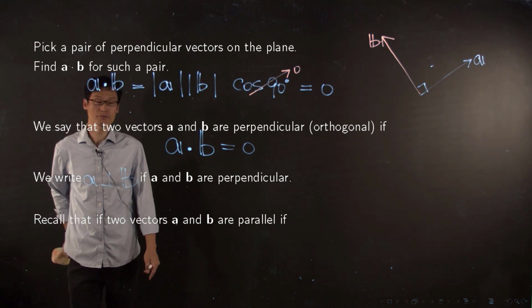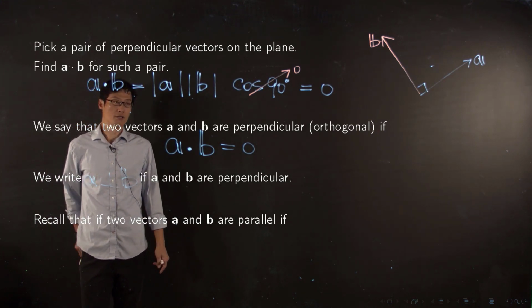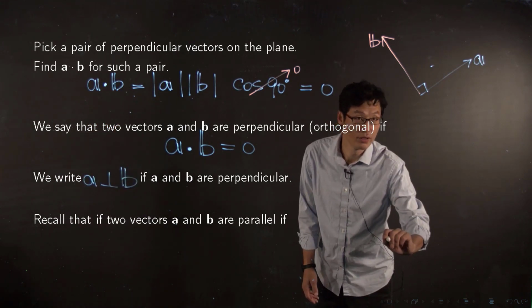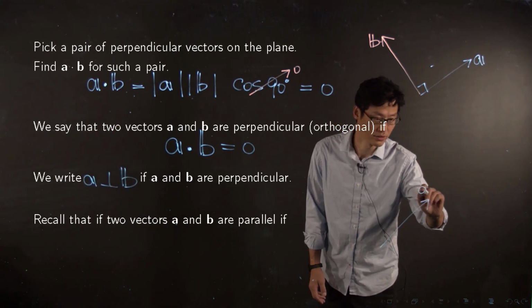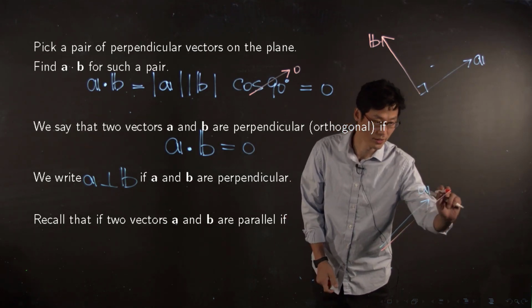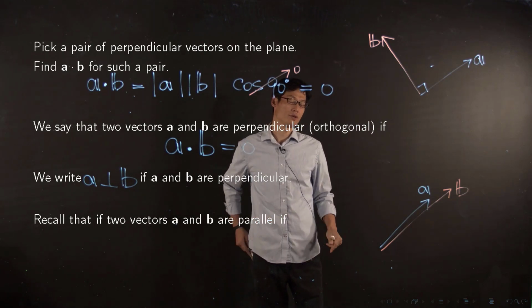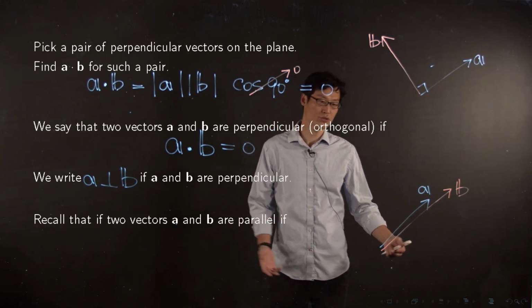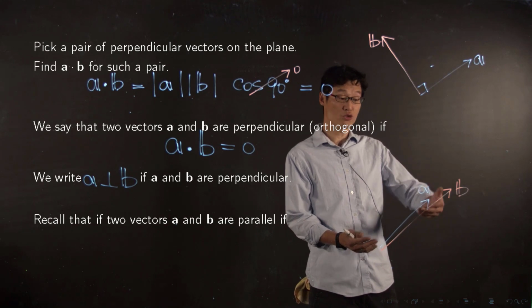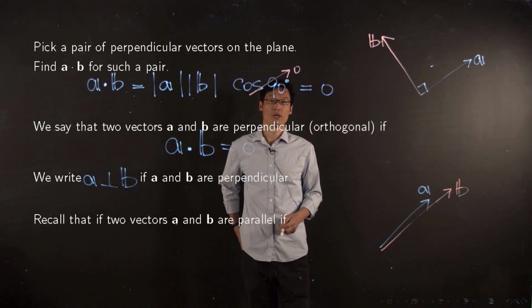On the other hand, we can also characterize when two vectors are parallel. So one vector is like this, and the other vector has the same direction, like that. In this case, two vectors share the same direction, so you can stretch or shrink one vector to get the same magnitude.